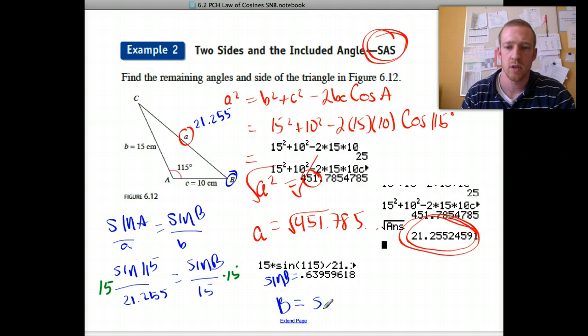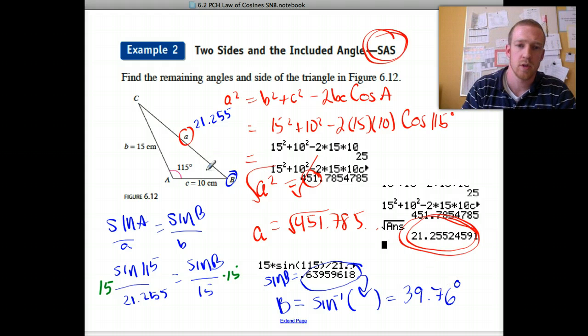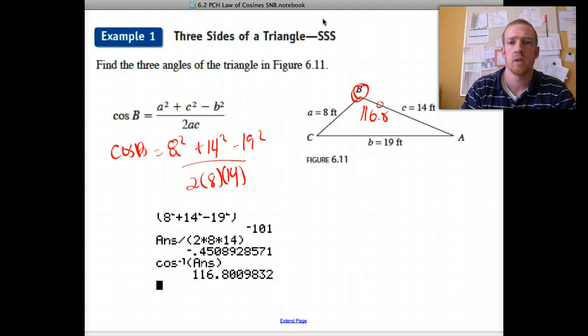That gives me B equals sine inverse of this number here, which equals approximately 39.76 degrees. And then similarly, we could solve for angle C, and we would have all three sides and all three angles.